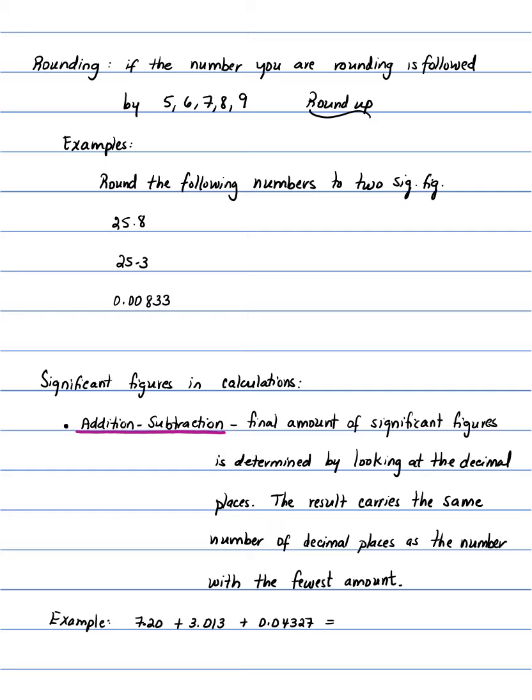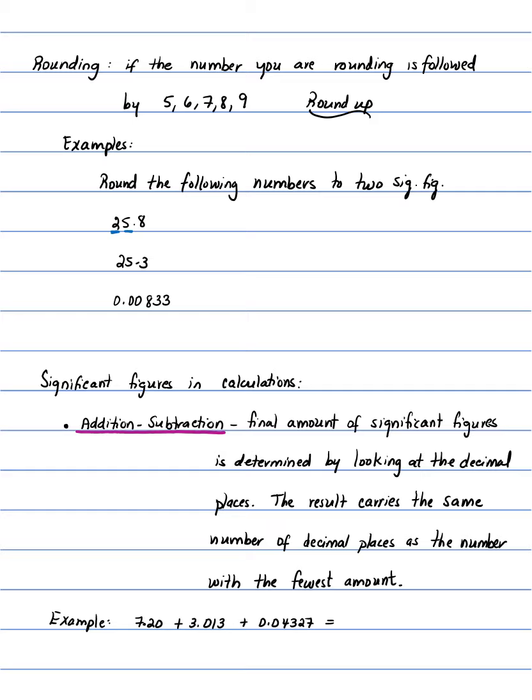If you're rounding to 2 significant figures, the first significant figure is the 2, the second one is that 5. So we're rounding to 2 significant figures. The digit that you have after that second significant figure, the one that I want to keep, is an 8.